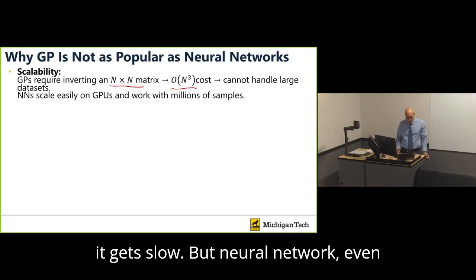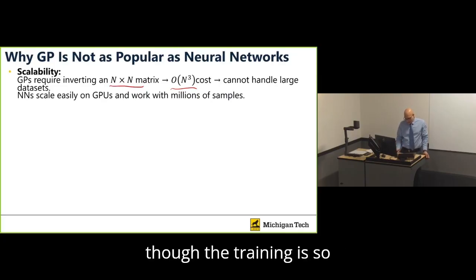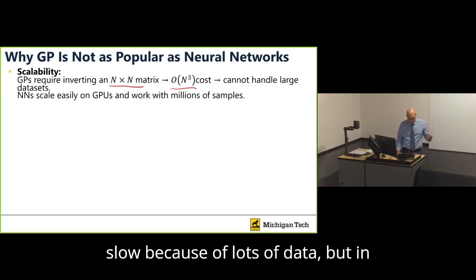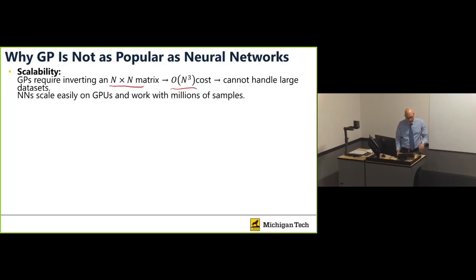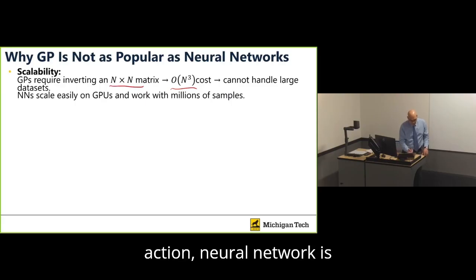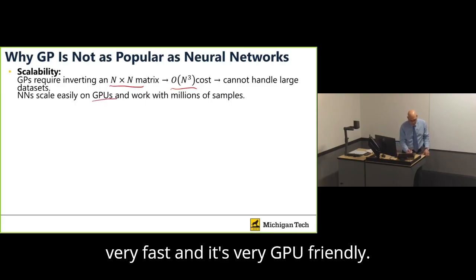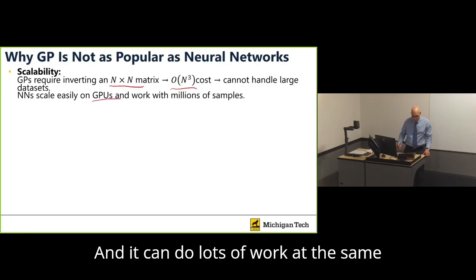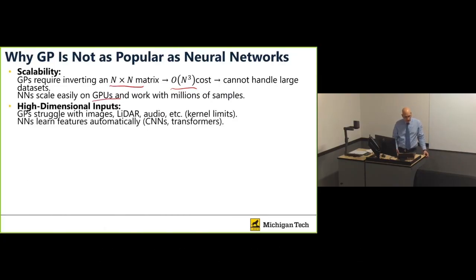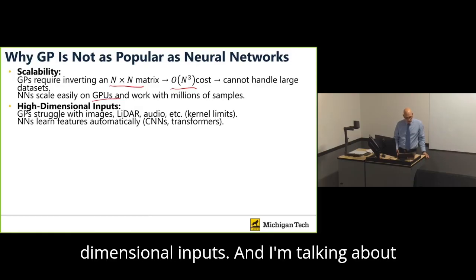But neural network, even though the training is so slow because of lots of data, in action is very fast and it's very GPU friendly. It can do a lot of work at the same time. Another thing is it can support high dimensional inputs, and I'm talking about neural network.